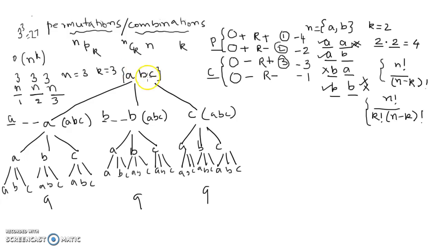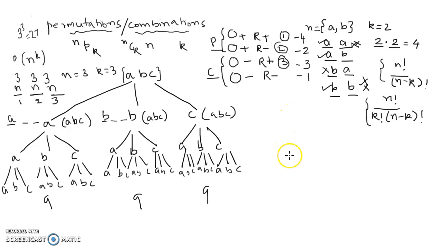And this would be true for any case of n and k. If we added d and e here, that would be 5 to the power 5. So it depends on the size of k. Let's proceed based on that knowledge.